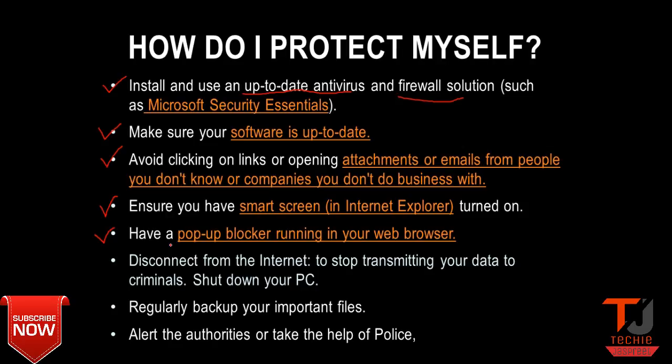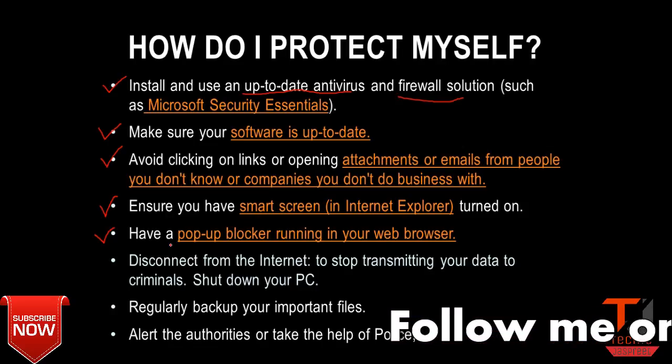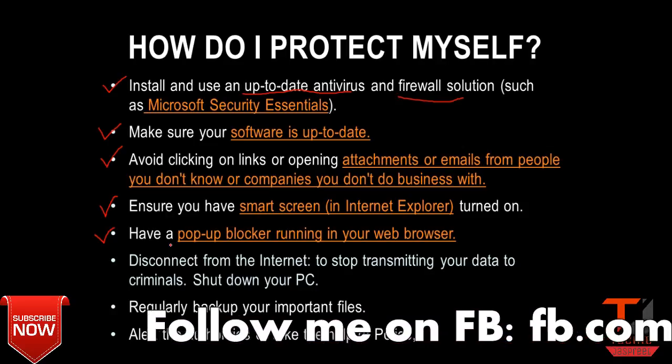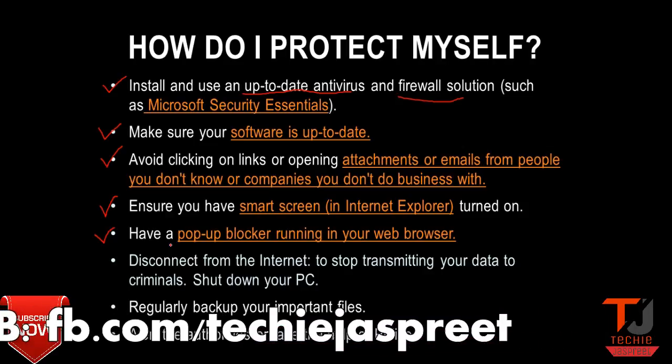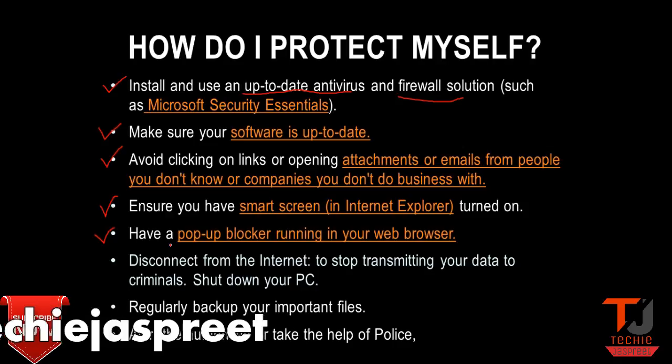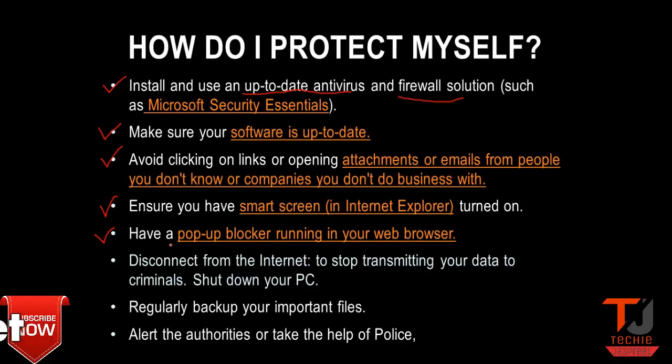So you should be aware, because Google Chrome automatically disables those pop-ups, and after that it is up to you: if you want to open that pop-up you can open it, and if you don't want to, then you can't. So the pop-up blocker is a very important step in web browsing.